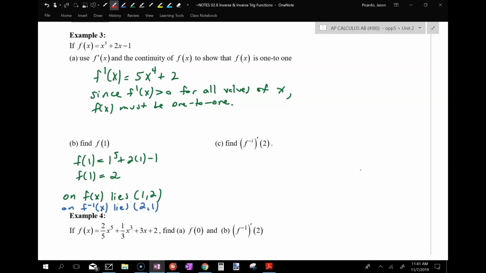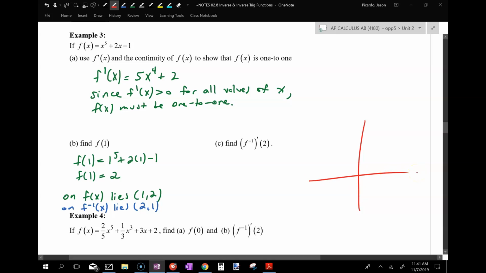Now, Brandon, I don't know a graph of this, right? But here's what I do know. I do know that it's always an increasing function, right? You don't have to draw this. I know that 1, 2 is a point, and I now know that on the inverse, and I kind of have an idea what the inverse looks like, it looks like that, lies the point 2, 1. Make sense? Okay, what do I want to know? I want to know what is the derivative on the inverse at 2.